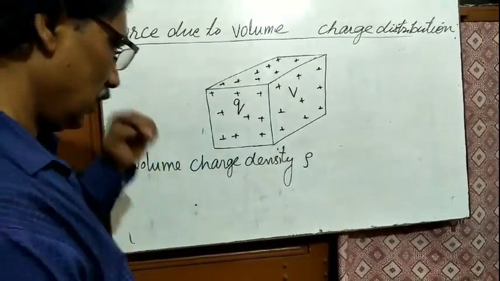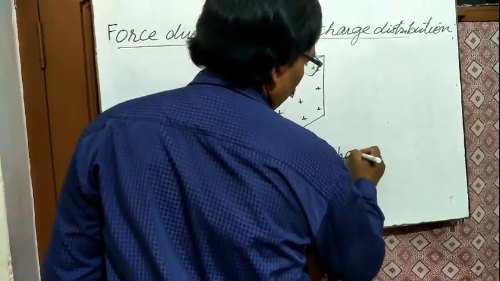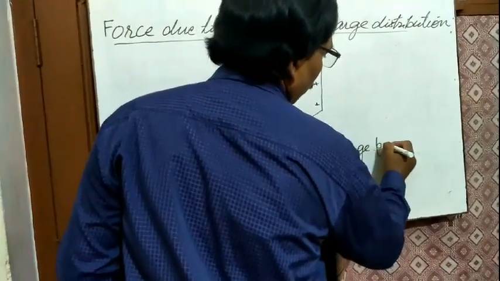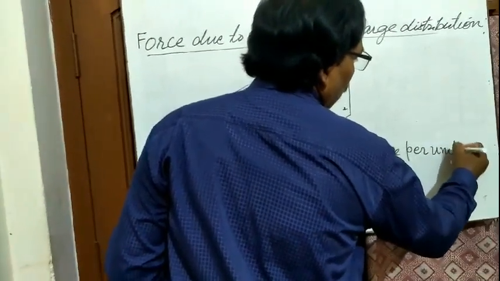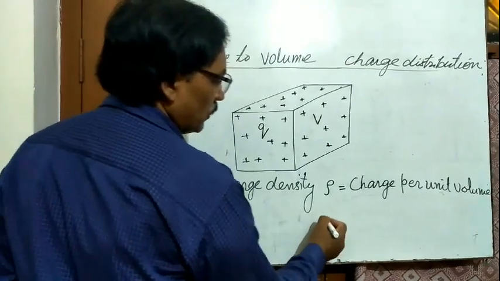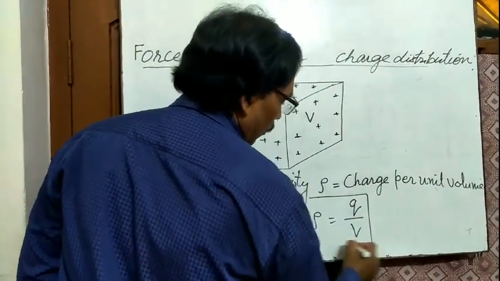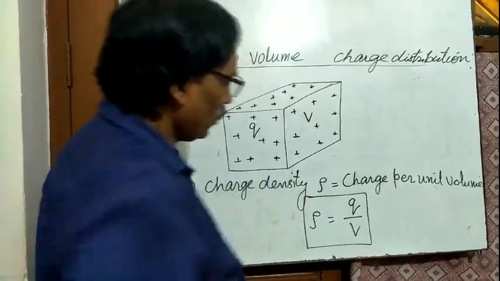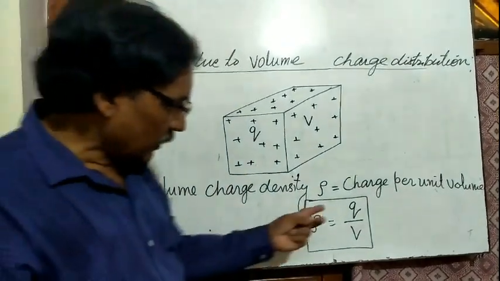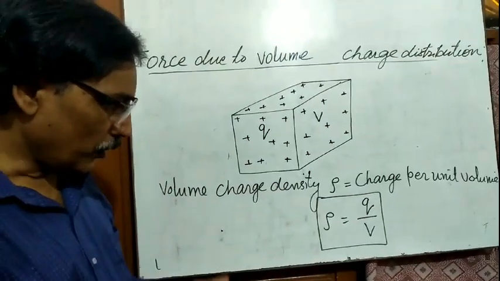Volume charge density rho is equal to charge per unit volume, that is, rho is equal to Q by V. The SI unit of charge is coulomb and the SI unit of volume is cubic meter.